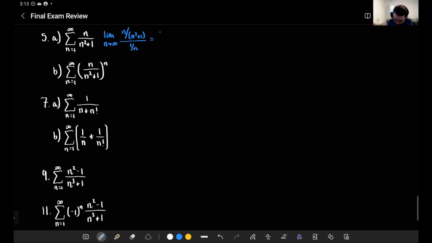So let's just do some algebra before evaluating this limit. This multiplied by the reciprocal, you'll get an n squared on top, still with an n squared plus 1 on bottom. And then that limit is 1. And the limit comparison test says that anytime you get something that's a positive finite number, in this case 1 is positive and finite, then your series behaves the same as the original series.